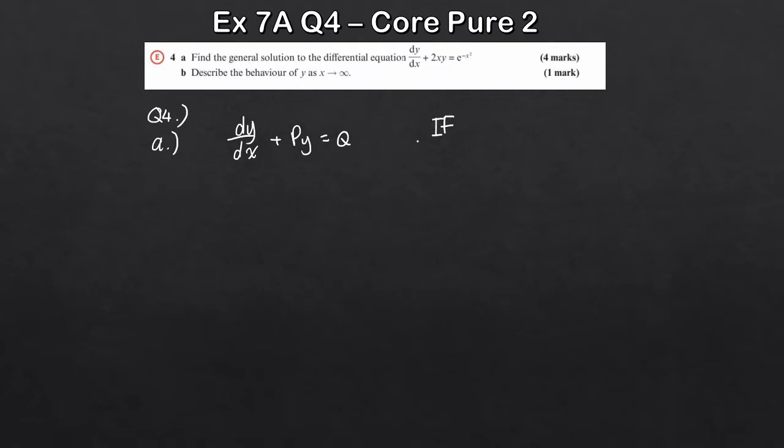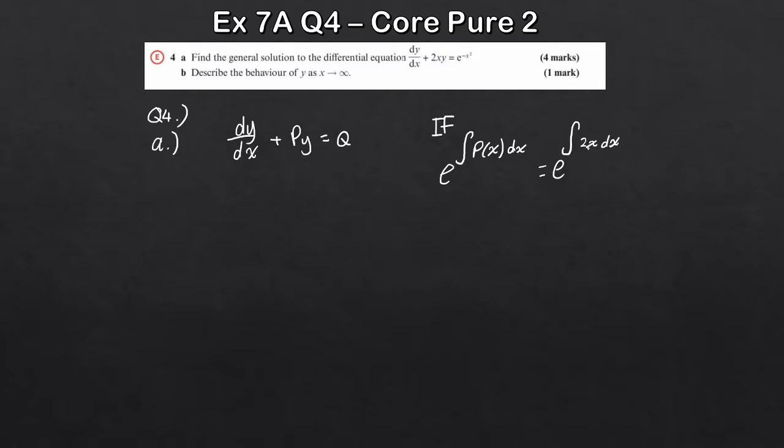To find the integrating factor, we do e to the integral of p of x dx. Your p of x is this middle coefficient, the coefficient of the y, which is, in this case, 2x. So I want to find e to the integral of 2x dx.